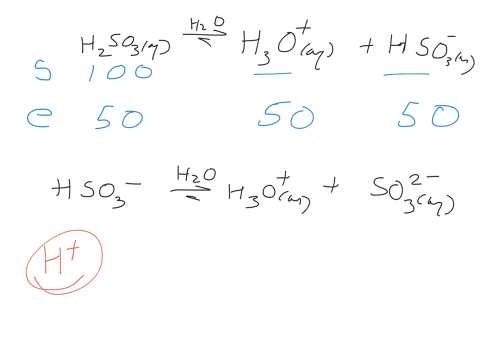Well, of those 50 bisulfite ions, not all of them are going to want to break up. Of those 50, 40 of them may stay together and only 10 of them will break up.